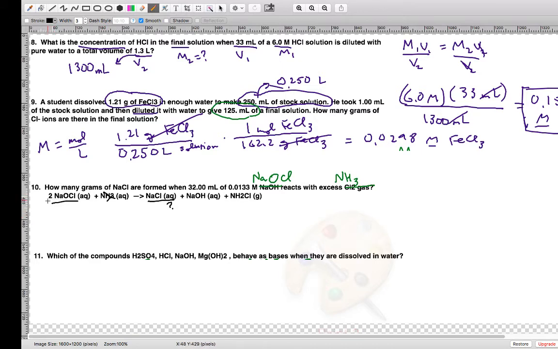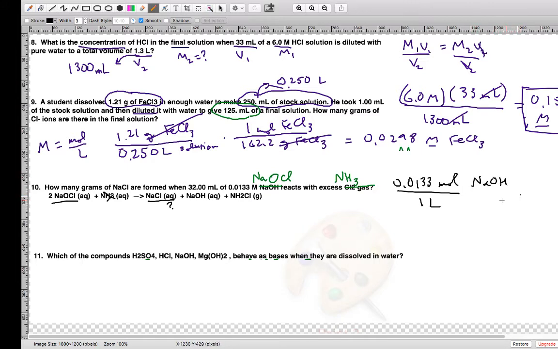So I need to find the moles of this stuff from this information. Remember that molar is moles per liter. So I can easily find moles. I'll put moles on top, so it's 0.0133 moles per 1 liter. That's what molar means. That's what the big M means. This is NaOH.